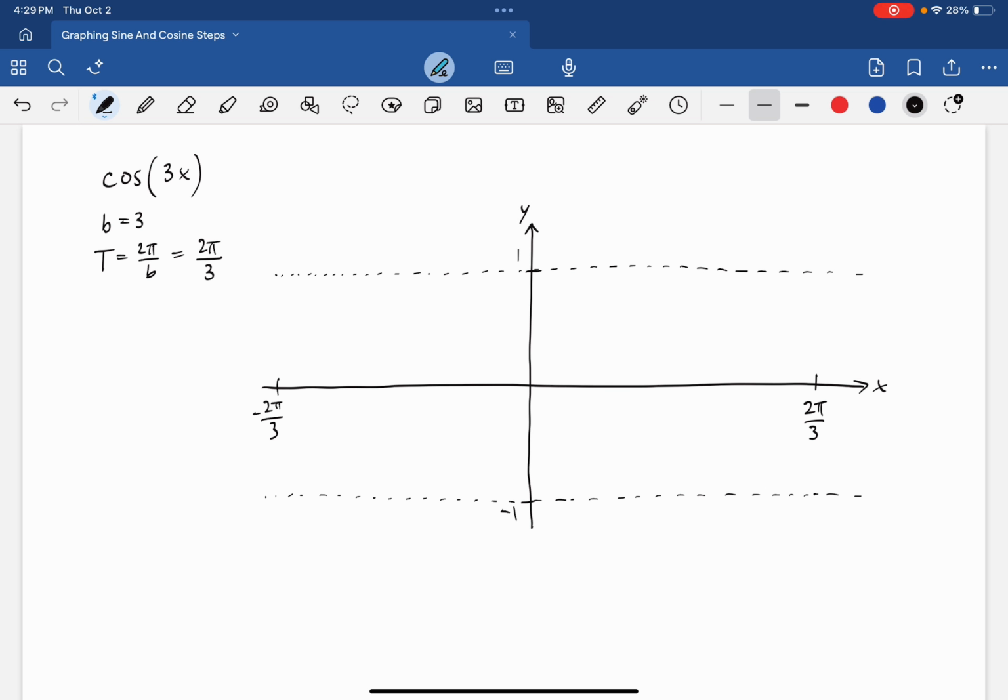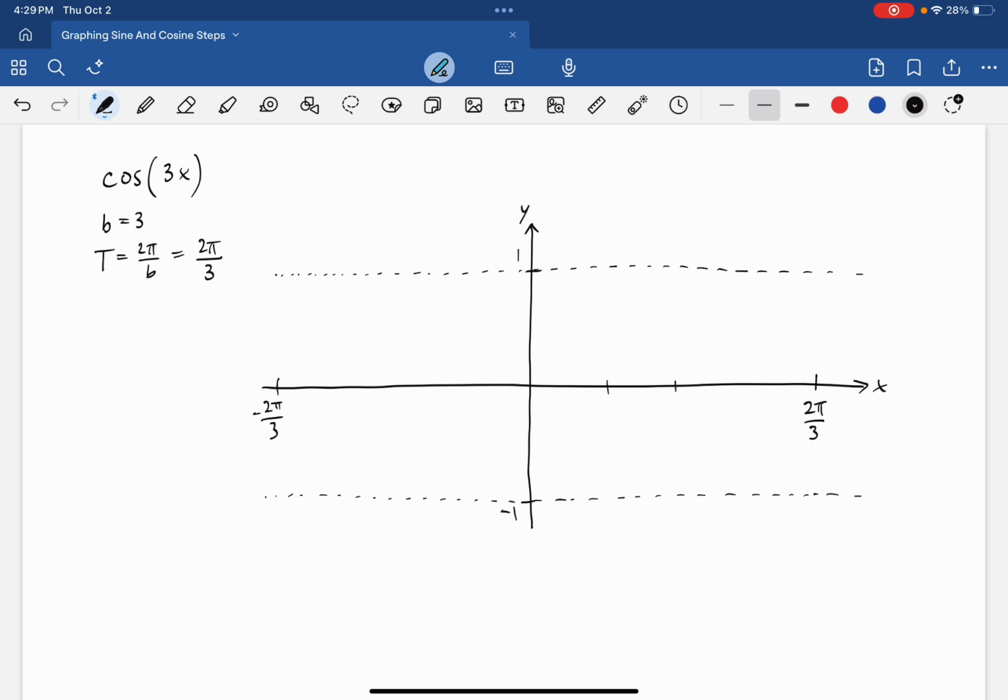Okay, next thing I'm going to do is to draw tick marks for every quarter period. So you can calculate 1/4 of T is just going to be pi over 6. And so I'm going to draw tick marks for every pi over 6 on the x-axis.